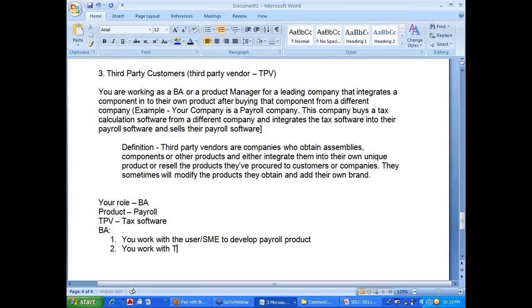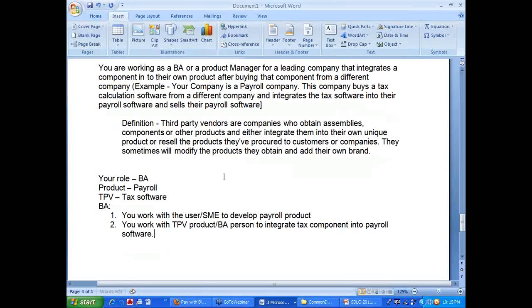You also work with the third party vendor's product person or BA to integrate the tax component into the payroll software. Is it clear? So now you are going to work with an external company to develop this product.